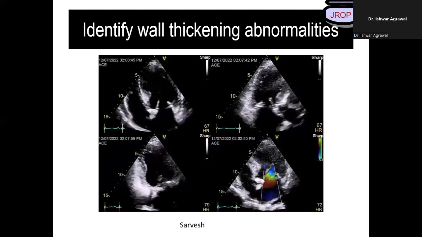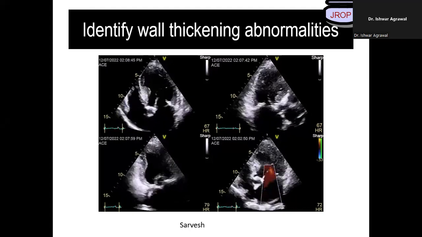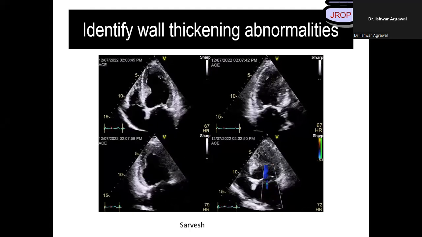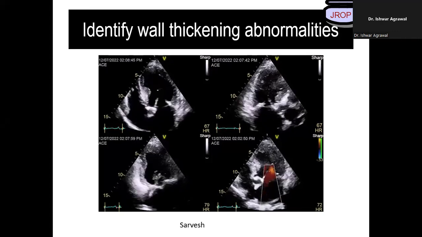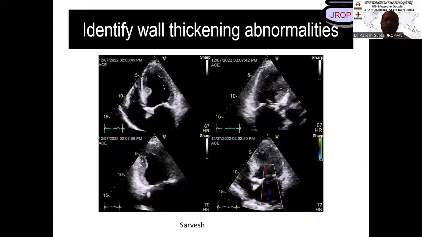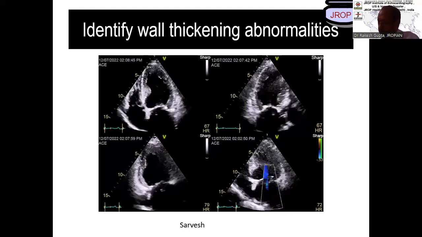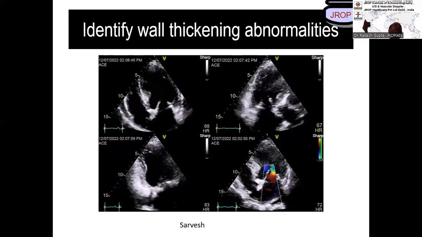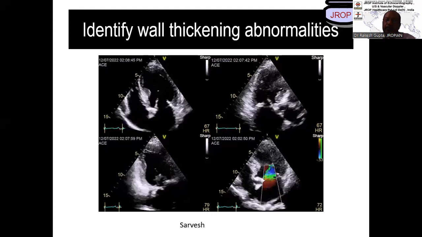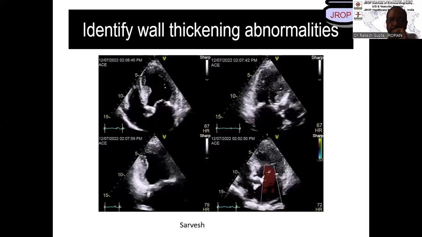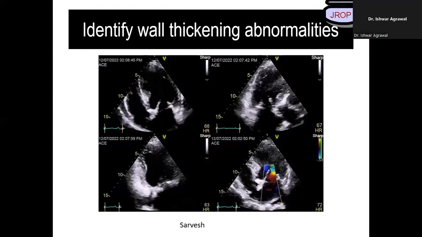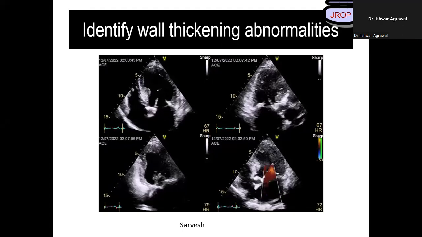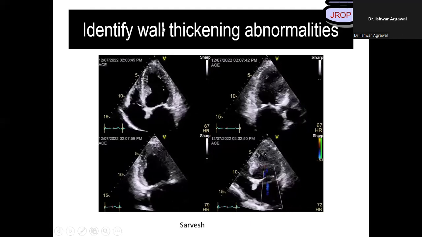The lateral wall is possibly a bit hypokinetic. Go to the 3-chamber view. The same: the septal, basal and mid septal wall are hypokinetic in this also.